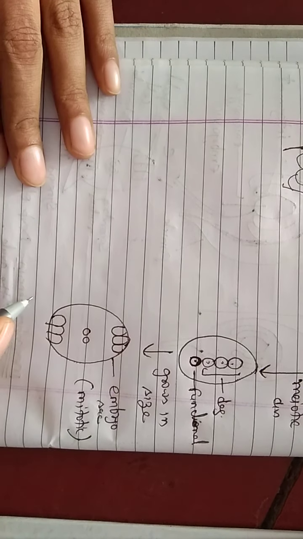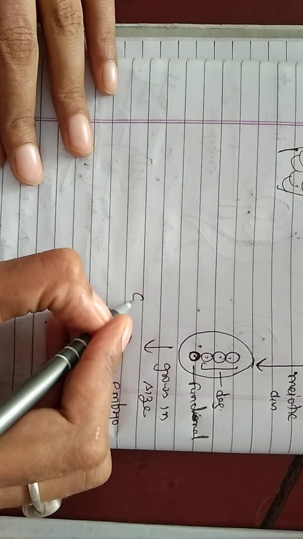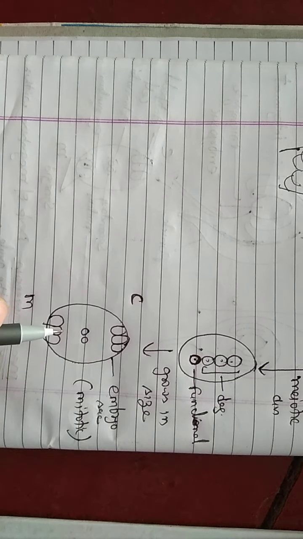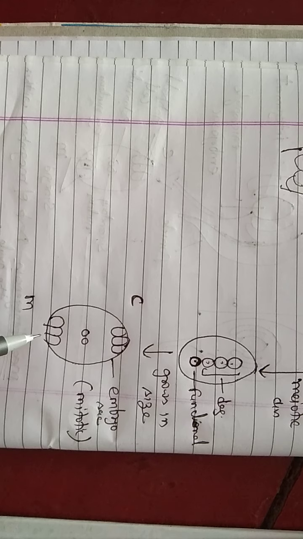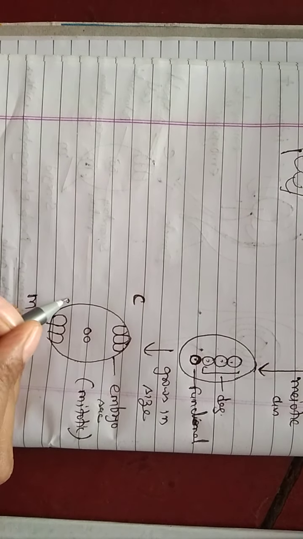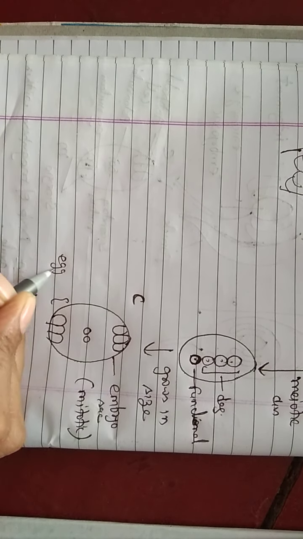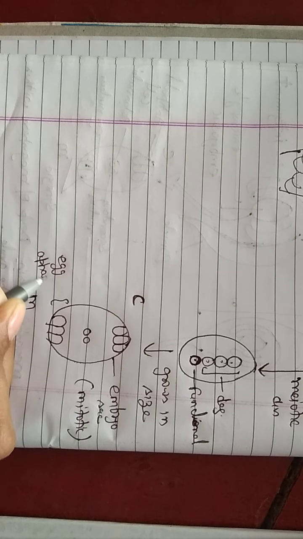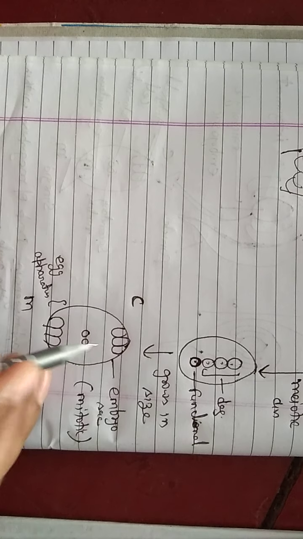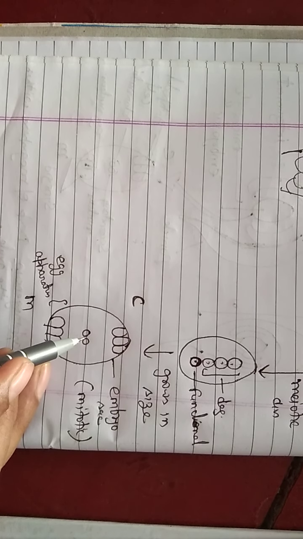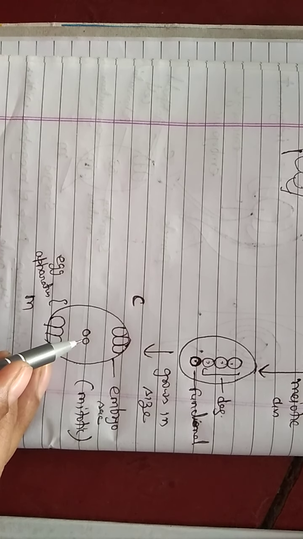One end is the micropylar end and the other is the chalazal end. The 3 nuclei at the micropylar end organize into the egg apparatus, and the 2 nuclei in the center are called polar nuclei.